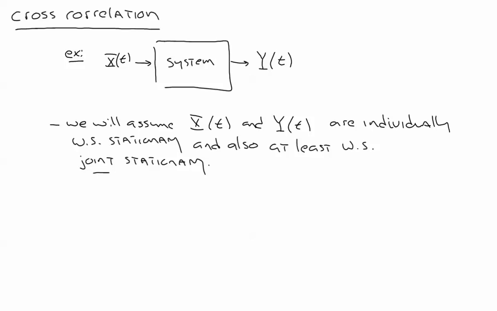Now, I'm not going to get into a lot of detail on joint stationarity, but all that means is, in the wide sense, that the statistical relationships of X and Y up to and including the second order statistical value, being cross-correlation, for example, are stationary. Joint stationarity means that X and Y are jointly stationary in their statistics, at least up to the second order. I'm not going to get into too much detail with that, but that's what that means.